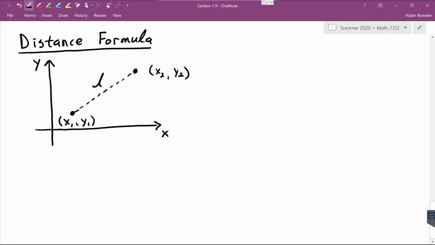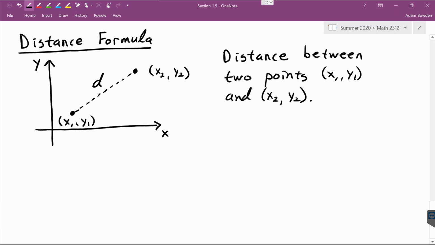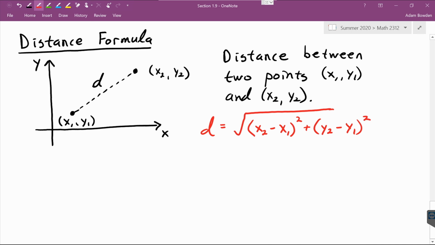I'm going to call this distance d. And so the distance formula, the way it's calculated is we're going to use this letter d equals, for distance, the square root of x2 minus x1 all squared plus y2 minus y1 all squared.